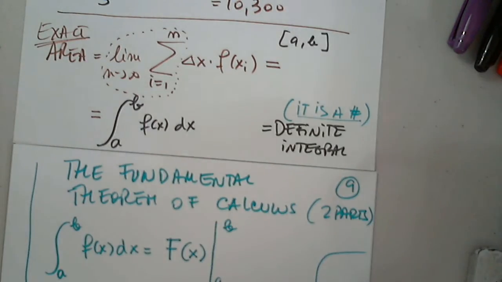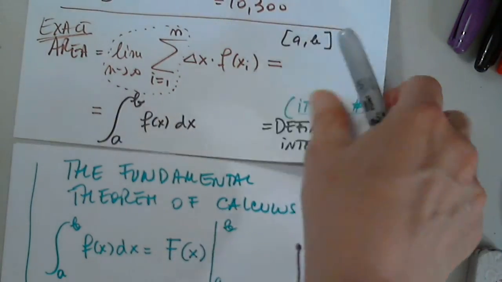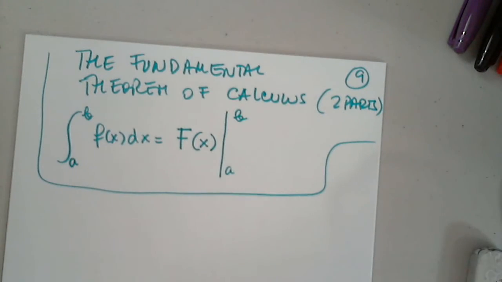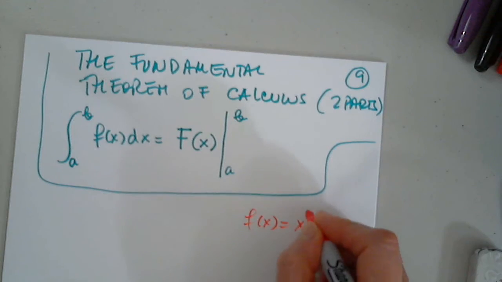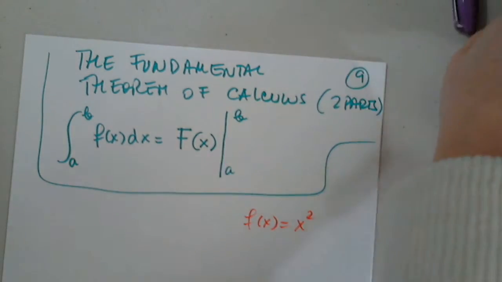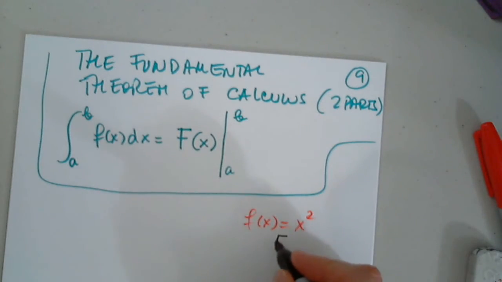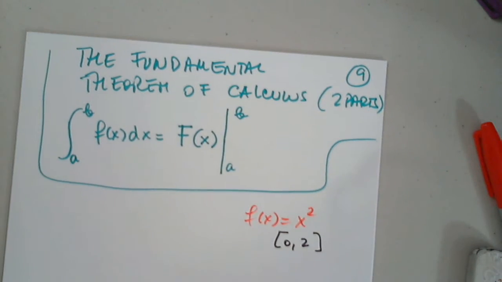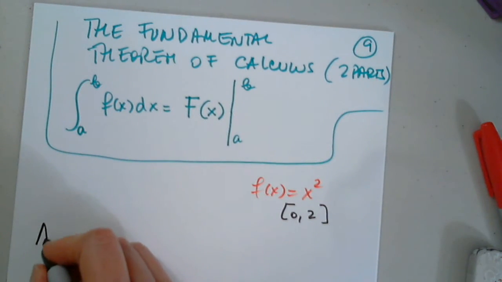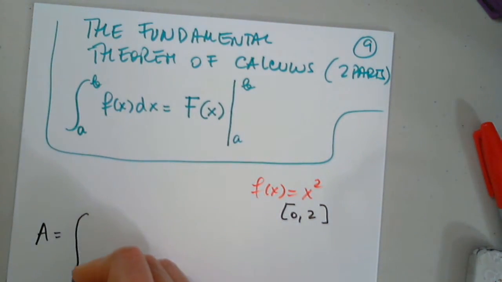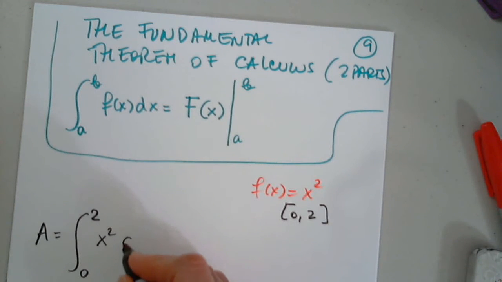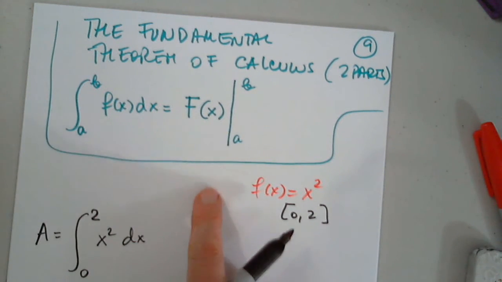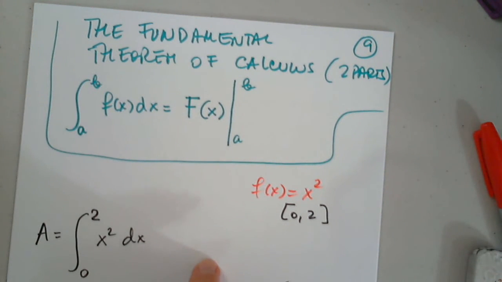Remember we started tonight with my example to find the area under f of x equals x squared on the interval 0, 2. So this is the exact area, which is the integral from 0 to 2 of f of x dx. dx is the same base times height as x squared.